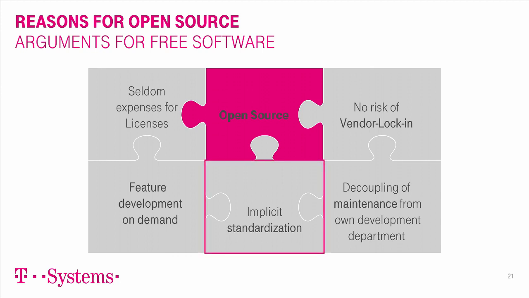Open source can also be used as an implicit standardization model. As code is developed in the open, a lot of peer review gets applied to the software.